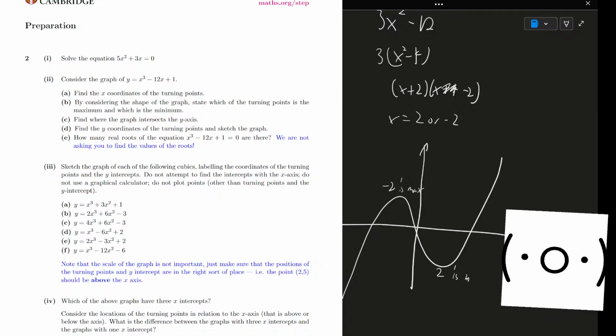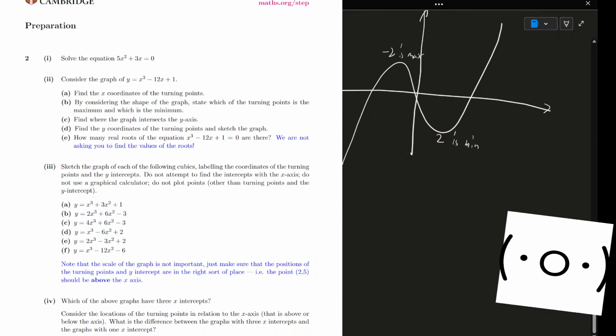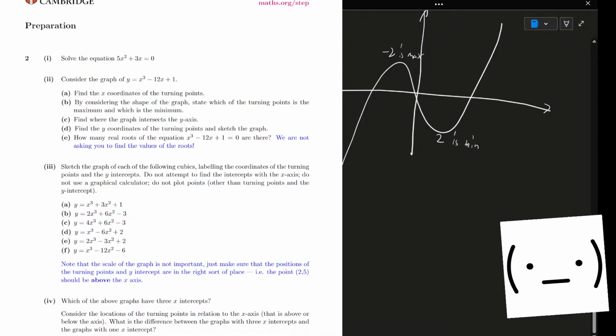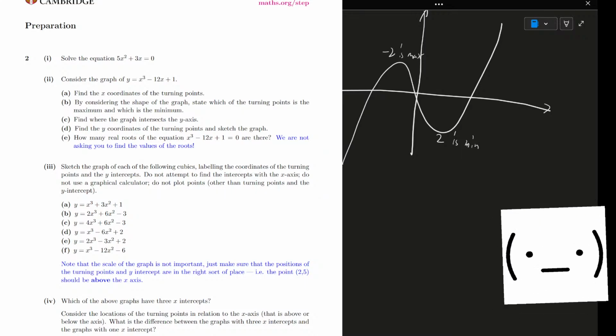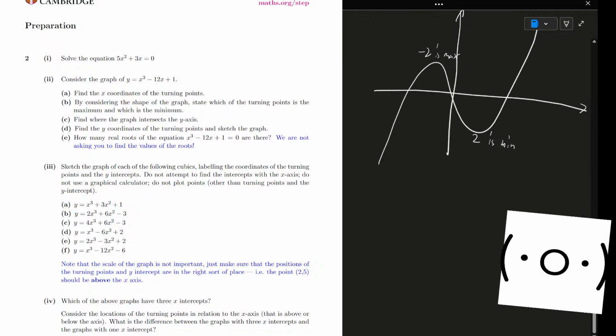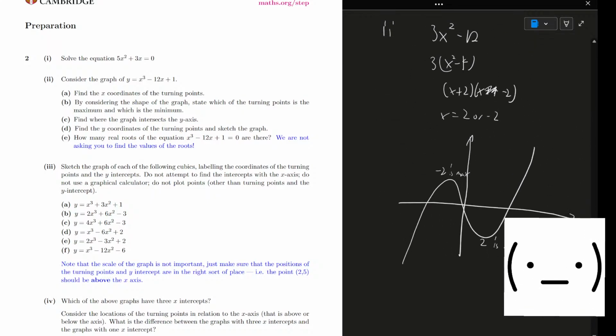This is the answer. Alright, I probably shouldn't swear that much. Yeah, there you go. That's how you speak English.